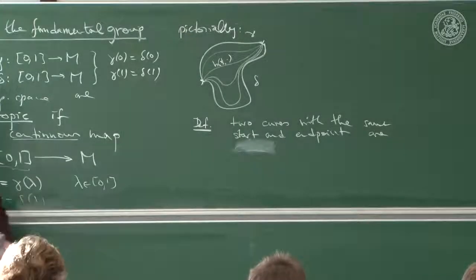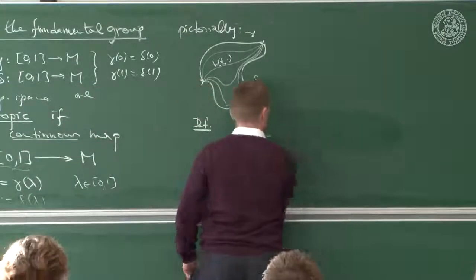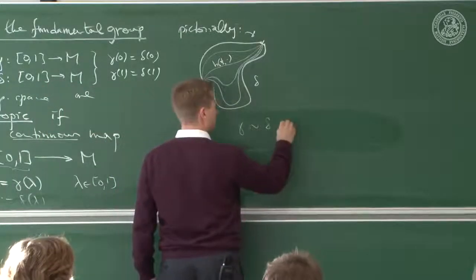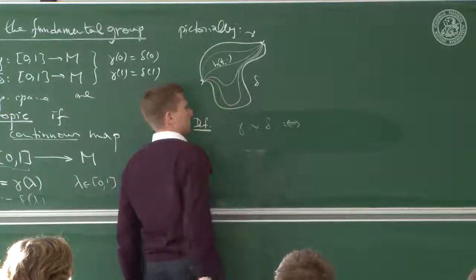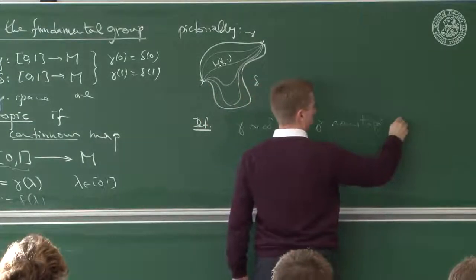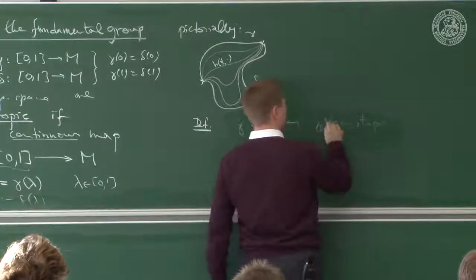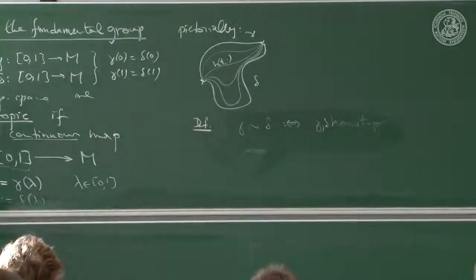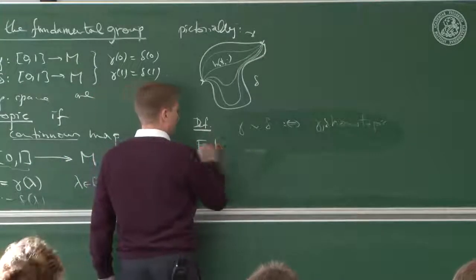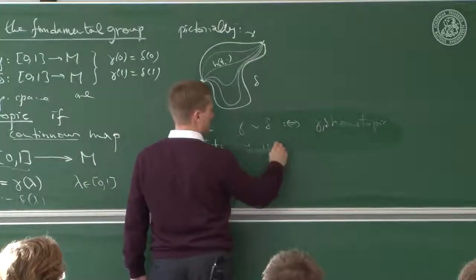Being unnecessarily repetitive here, let's say two curves with the same starting and end point, gamma and delta, we use a symbol if gamma and delta are homotopic. And it's a fact that this is an equivalence relation.